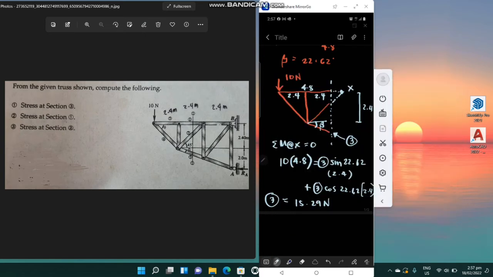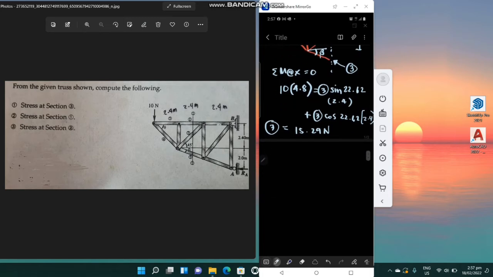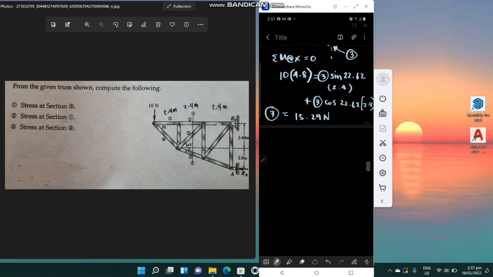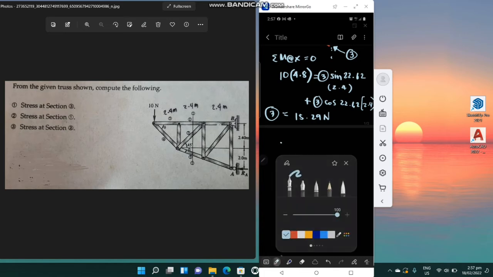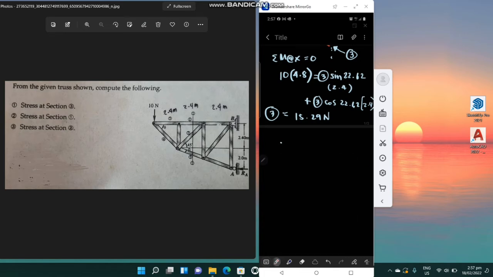So let's proceed with number 2, stress at section 1. So how do we compute section 1? Still we can cut, makakat gihapon ta.